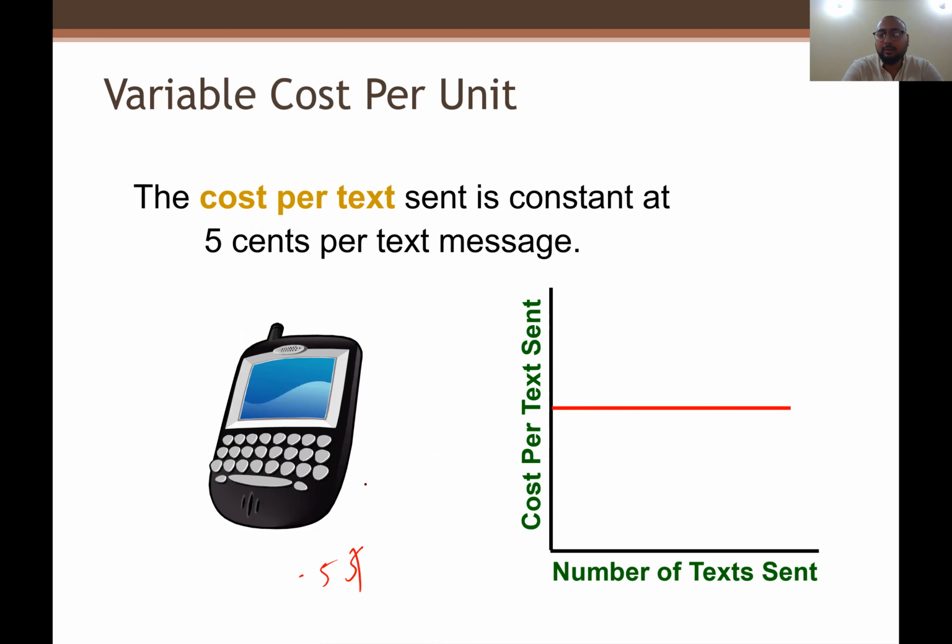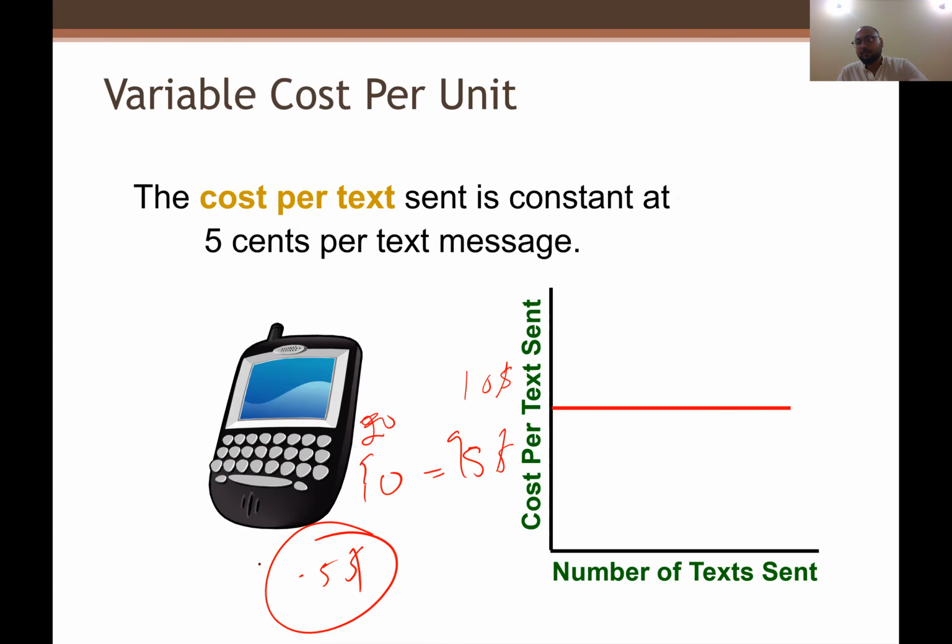If you send 10 texts, $5. If you send 20 texts, $10, right? So in total, the cost changes from $5 to $10. Yes, it changes, and quantity also changes. But per unit, variable cost remains the same, right?